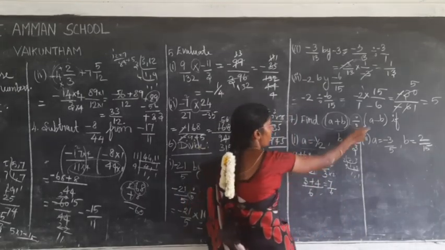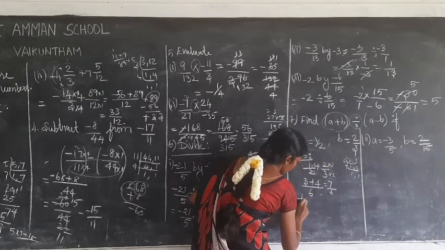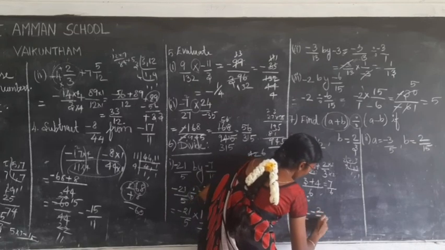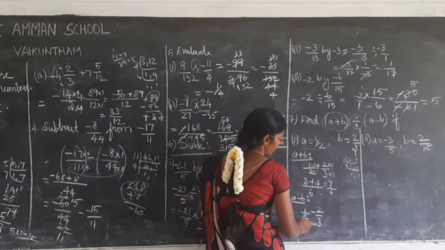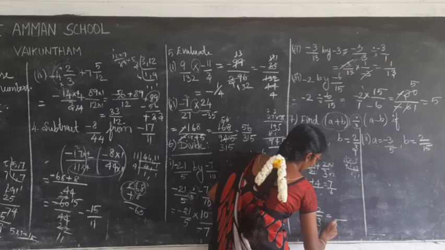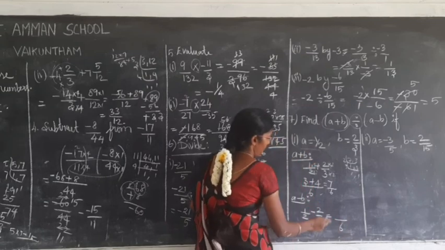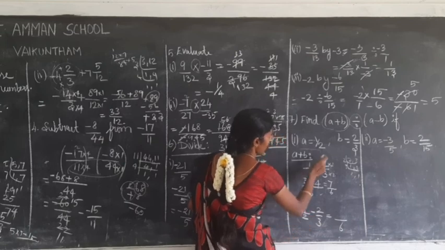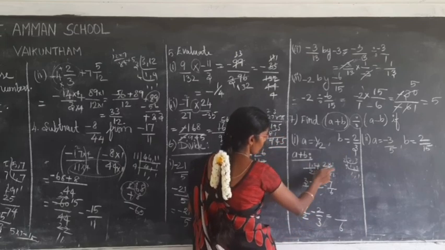So the next one, we have to find the difference. So 1 by 2 minus 2 by 3. Okay. So the LCM will be the same. So what is it? 6. Okay. So what is here? 1 by 2 minus 2 by 3.